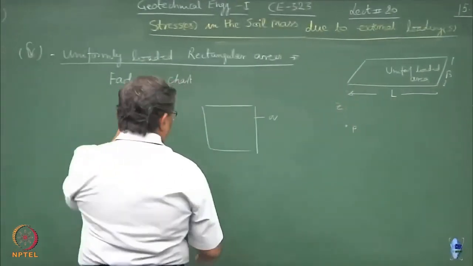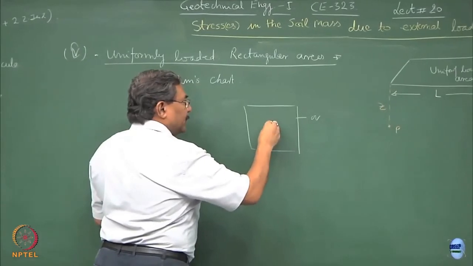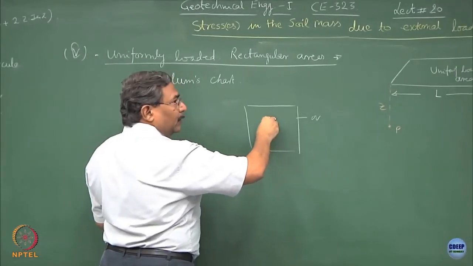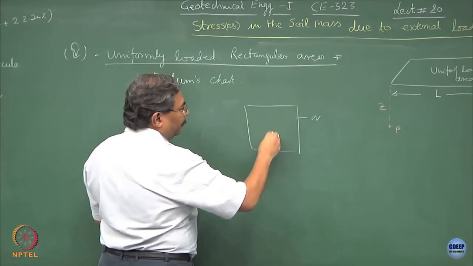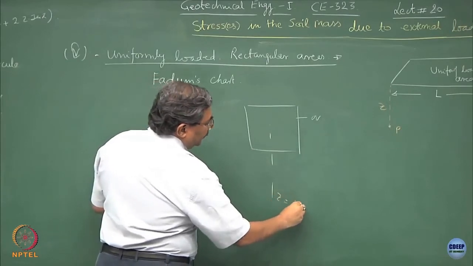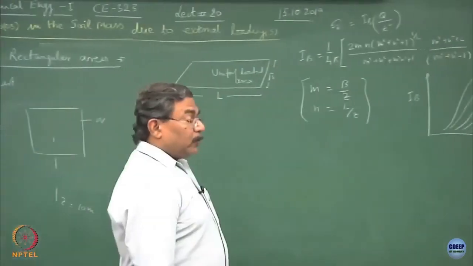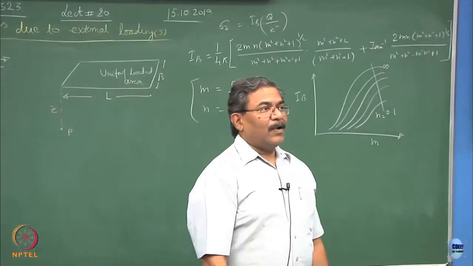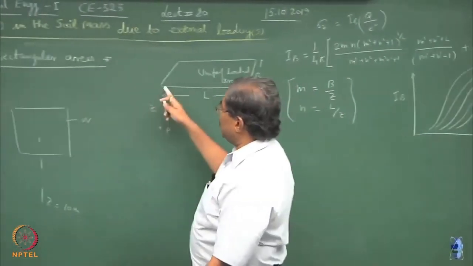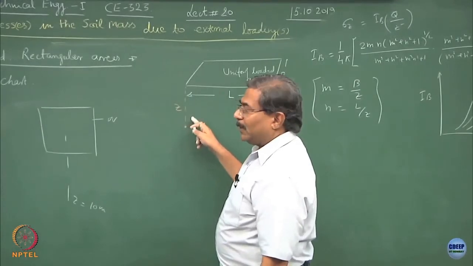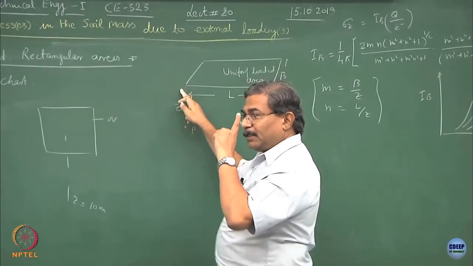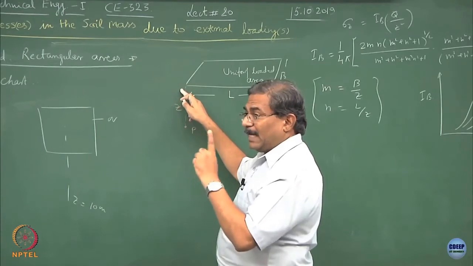Now, suppose I ask you to find out the state of stress just beneath the CG of this loaded area at a depth of, let us say, 10 meters. Can you use Fadam's chart? No is also correct, because look at this situation. It has to be just beneath the corner, okay.